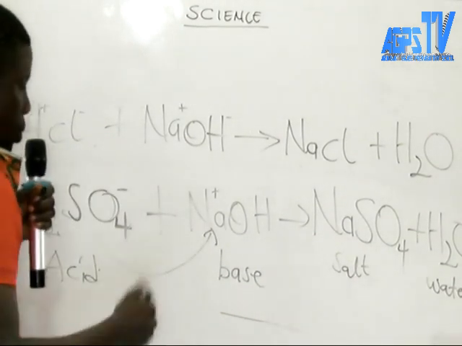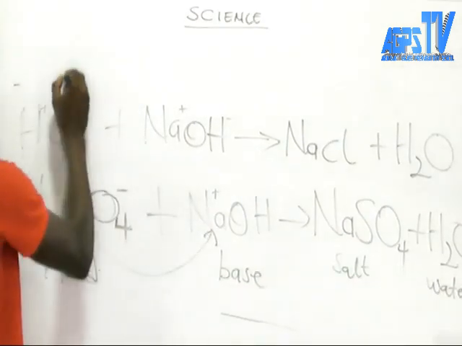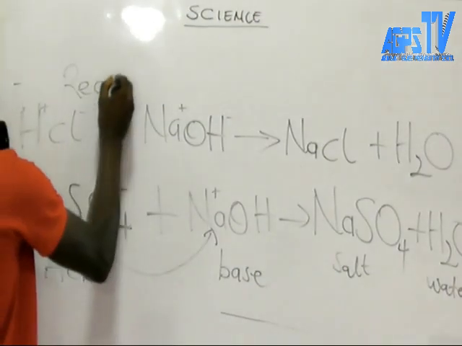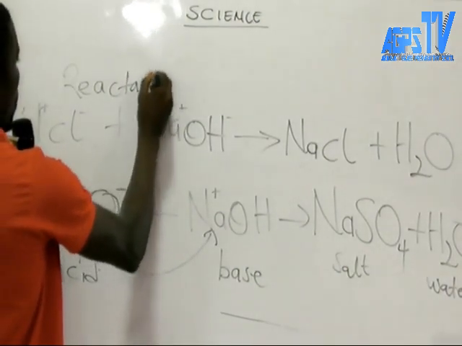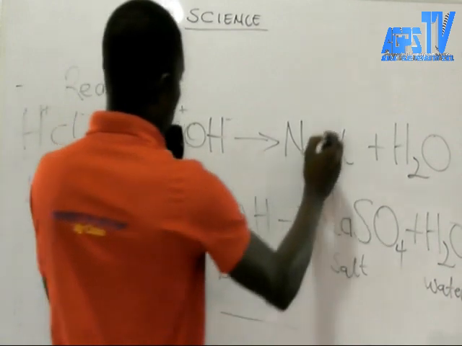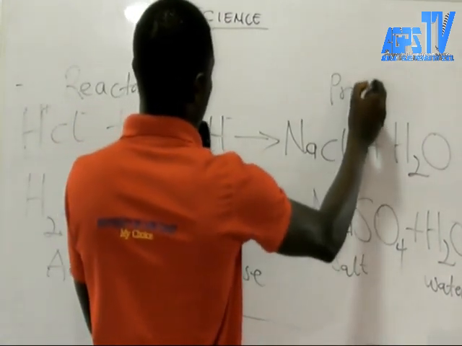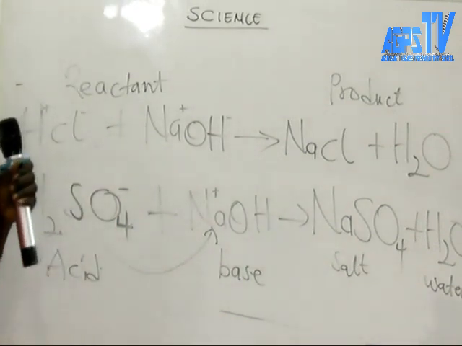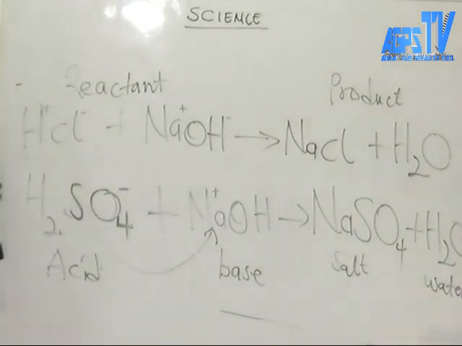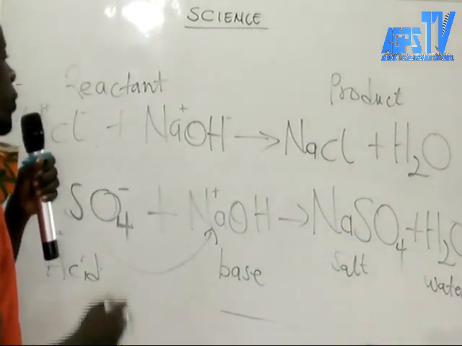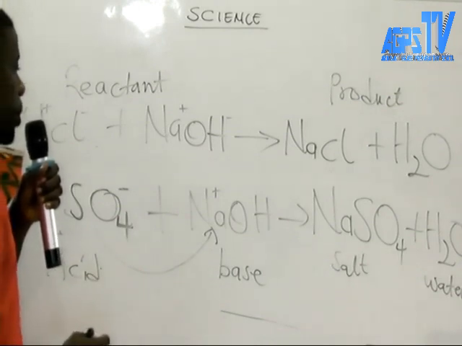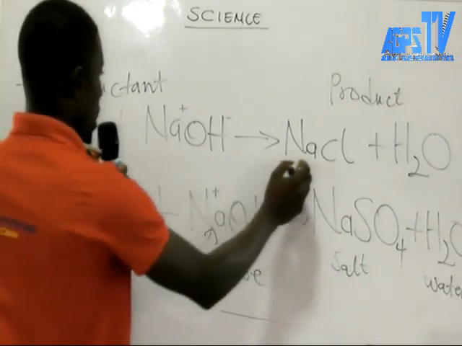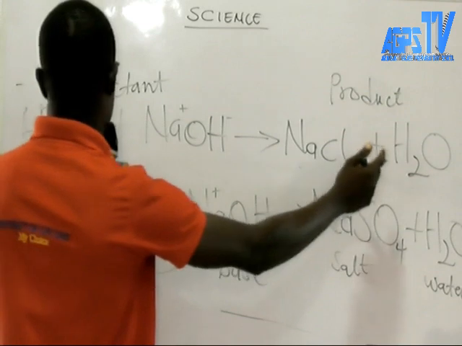In chemical equation, these are known as reactants and products. So you have to put it in mind that anytime acid reacts with base, the first product that is produced is salt, and the second product is water.